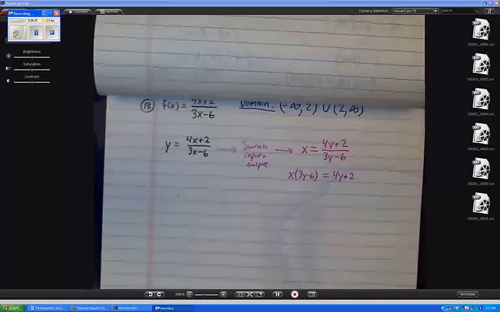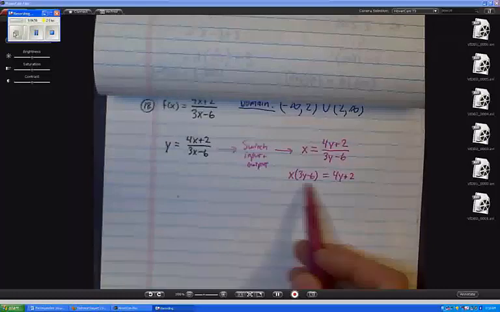Does this make sense, people? So now what can I do? Your algebra instincts tell you to do what? Distribute? I hope so. So 3xy minus 6x is equal to 4y plus 2.